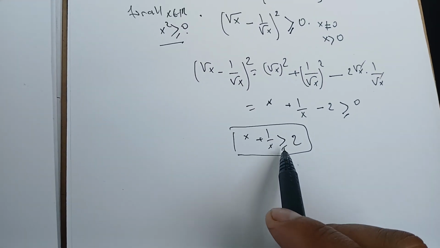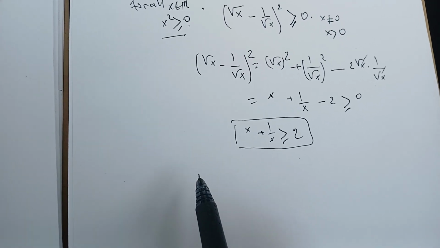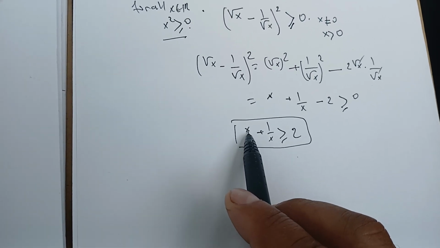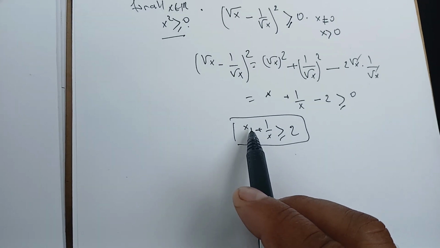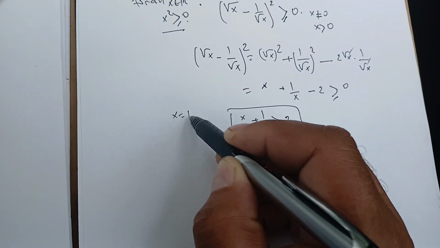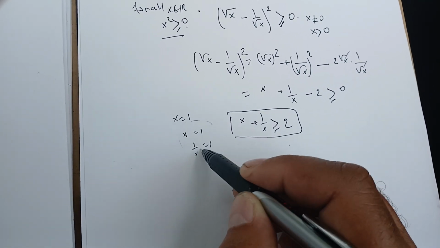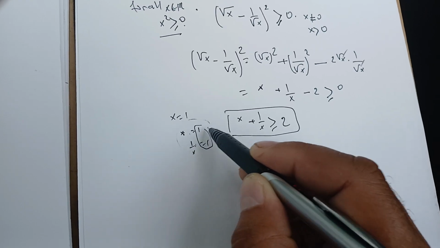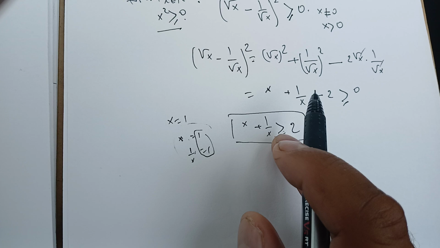Why do we have the equal sign here, greater than or equal? Because we can have x equal to 1 over x when x is 1. Assume that x is 1: then x is 1 and 1 over x is 1, therefore x plus 1 over x is 2. That's why we have greater than or equal.